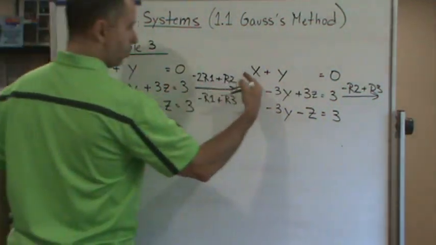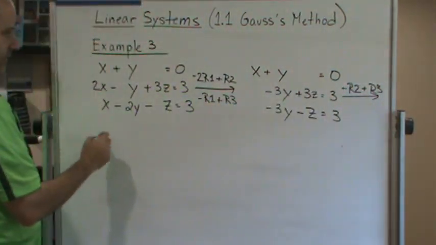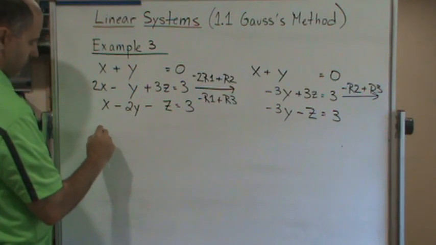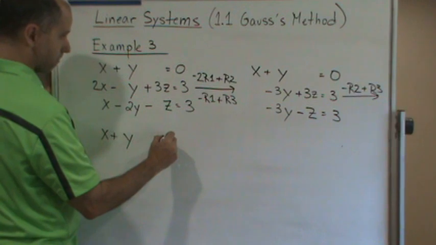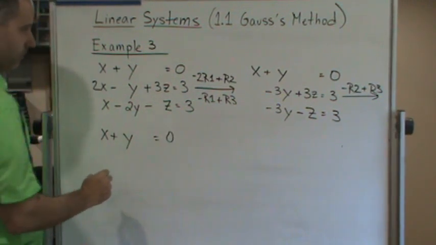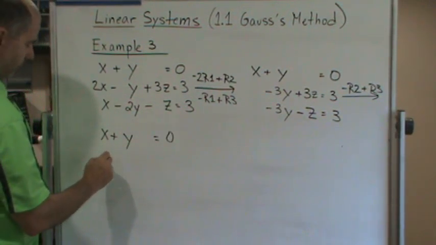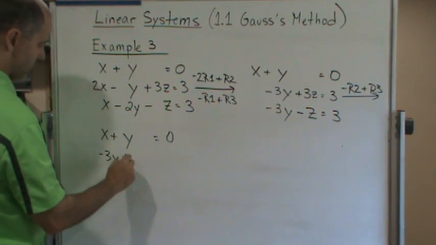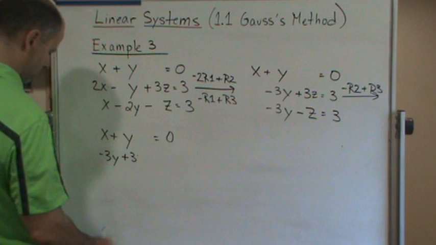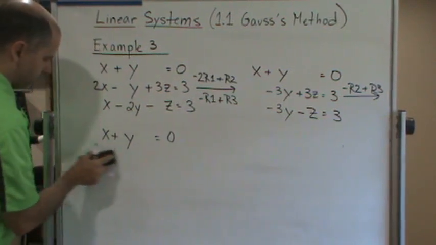So again, we're just going to copy the first row because that's not being affected by anything. So it'll be x plus y equals 0. The second equation is not going to be affected, so that's going to be negative 3y plus, oops, got to line them up.